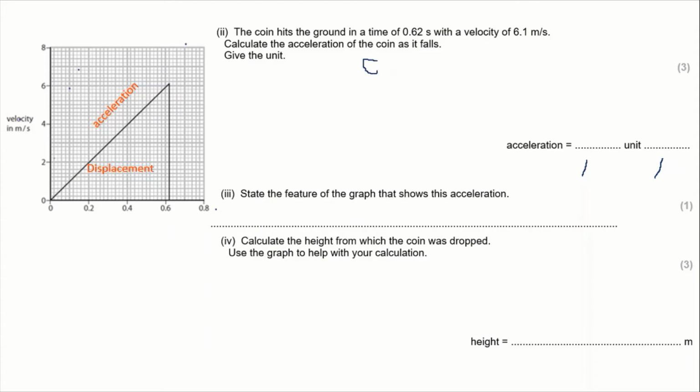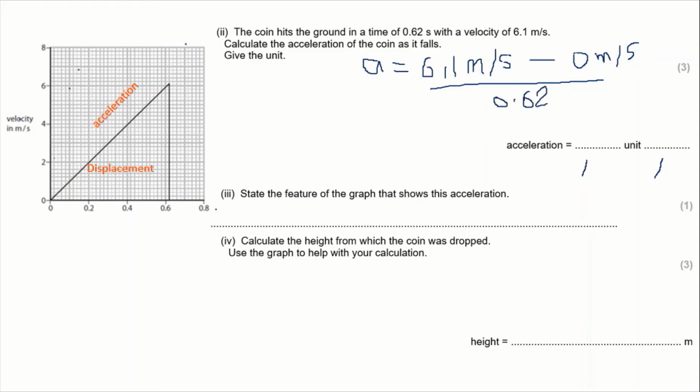So the answer: acceleration is equal to final velocity. What is our final velocity? 6.1 meters per second. What is our initial velocity? That's 0 meters per second. And the time, 0.62 seconds.